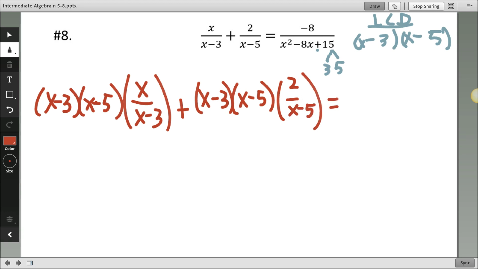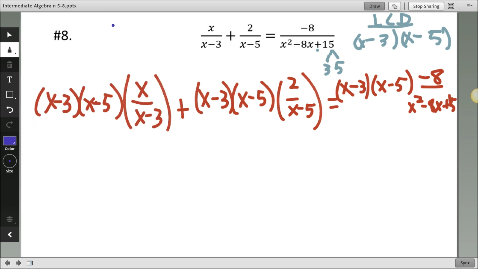And then the last one, let's see if I can squeeze this in. All right, so I got all that squeezed in there. That's a 15 right there. So now we cancel things out that will cancel.